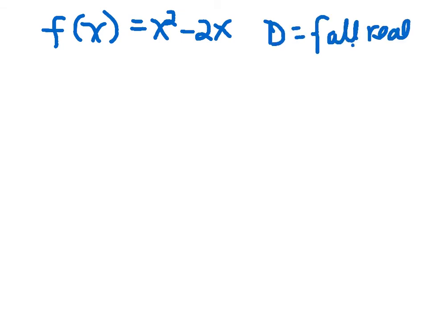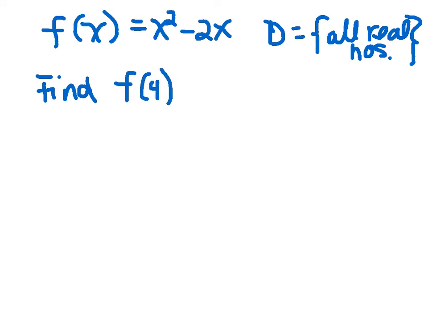That means we can plug anything in, so we're not limited to a particular set of individual numbers. Now, when you get a problem like this, they'll say, find f at 4. And then the next one might be f at -3. So we're not looking for the entire range.